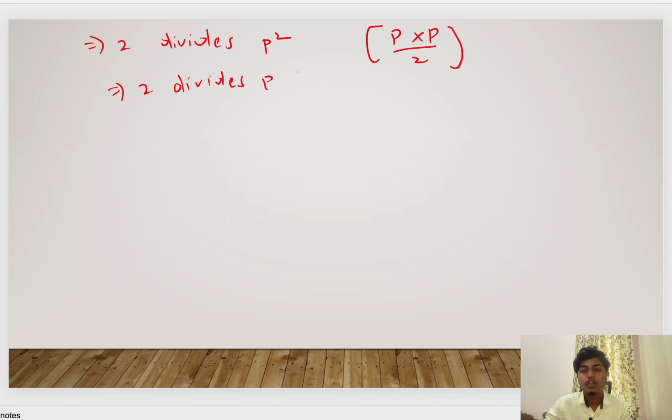That implies 2 divides p square. It automatically divides p. So p can be written as 2c, where c is some integer.